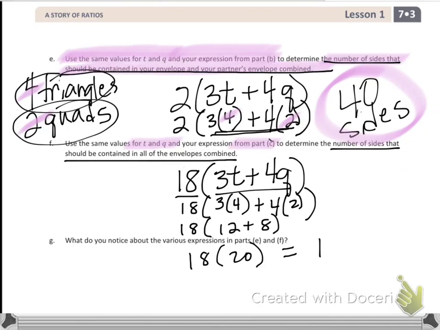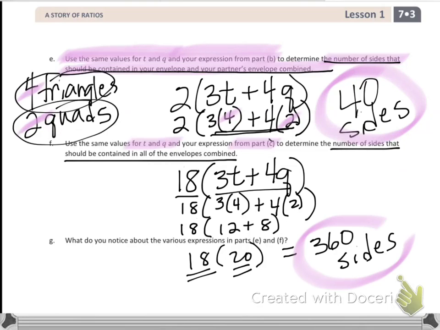Yeah, so 360, we'd have 360 sides in our class. That's total, okay? 18 times 20. We have 18 students in the class, 20 sides per envelope equals 360 sides total. Okay?